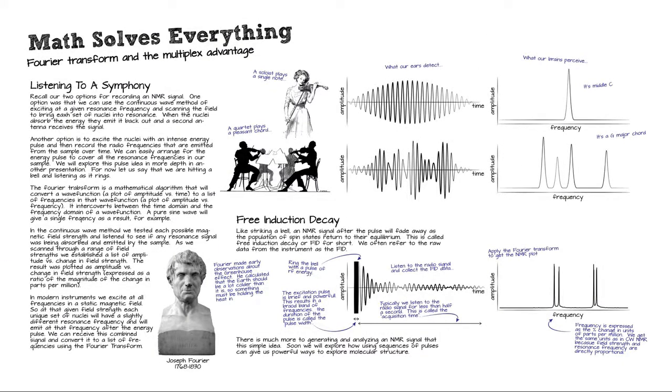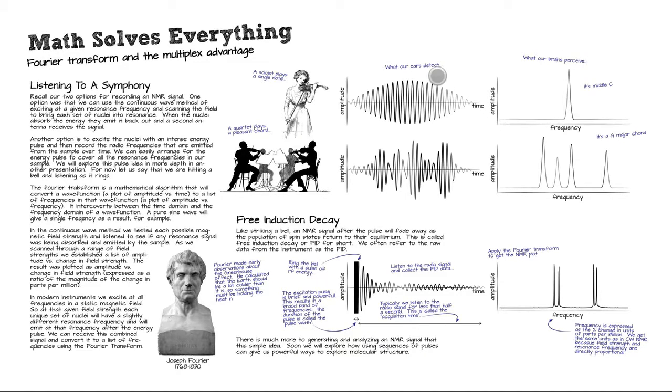Now, we can generate a signal and we can listen to it with all that sophisticated electronics, but what do we do with it? We've already introduced the idea of Fourier transform when we talked about IR spectroscopy. Basically, imagine a violinist playing a single note. If we did the Fourier transform of that single note, we would get a single frequency.